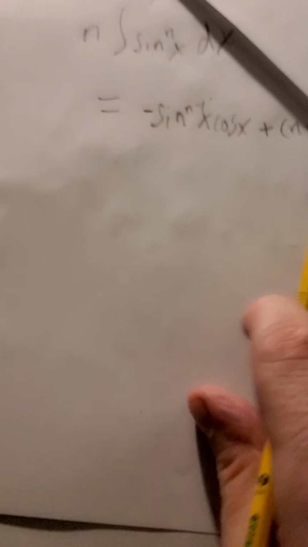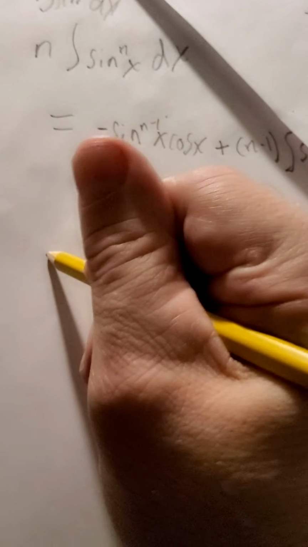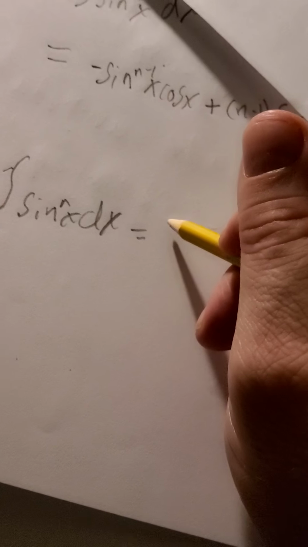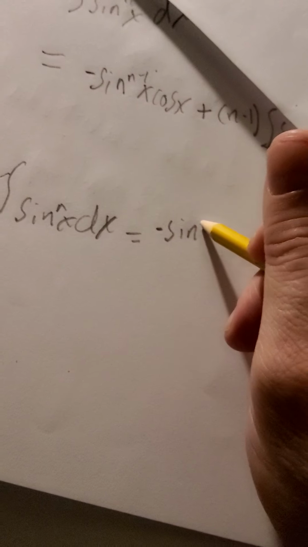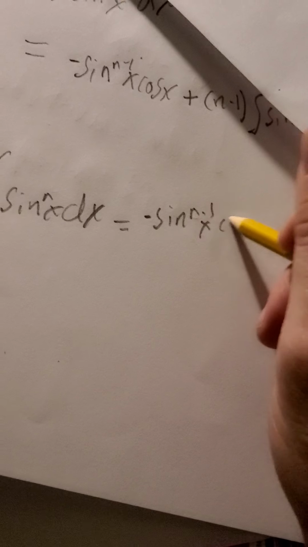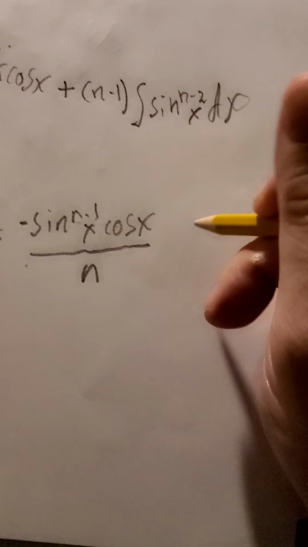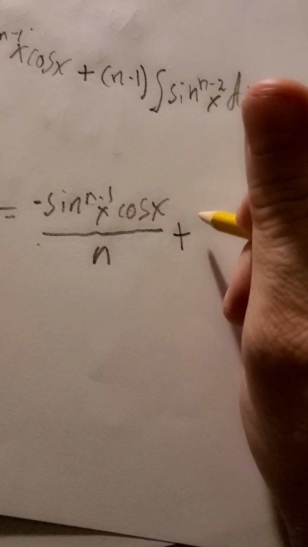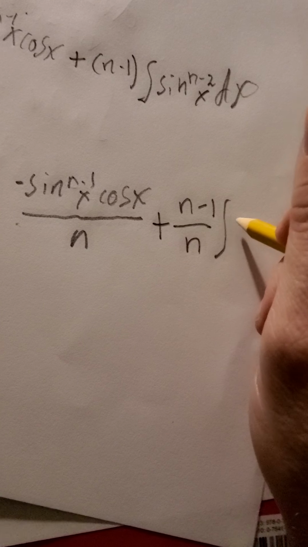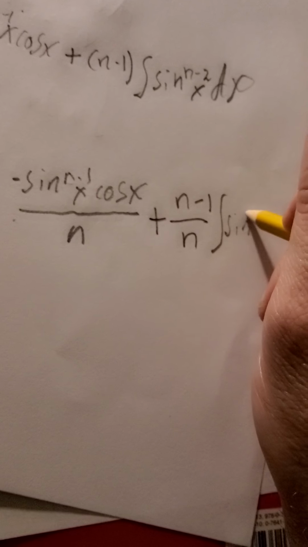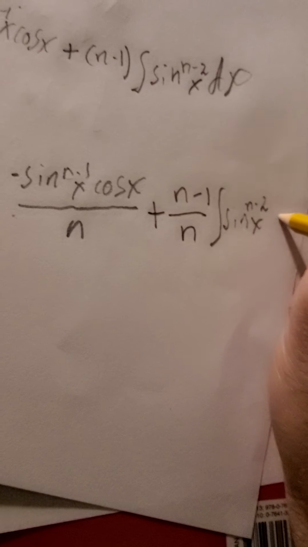So when I divide through by n, I'm going to get the integral of sine to the nth of x dx equals negative sine n minus 1 x cosine x divided by n plus, oh, I kept track of all that stuff, n minus 1 over n times the reduced form, rather, of n minus 2 x dx.